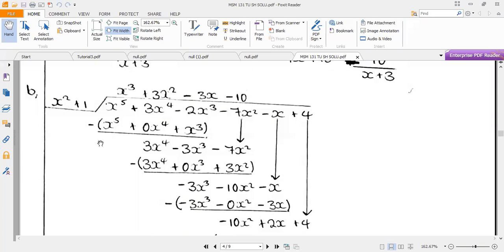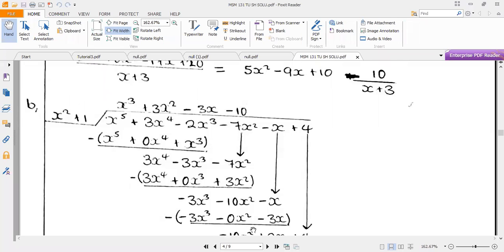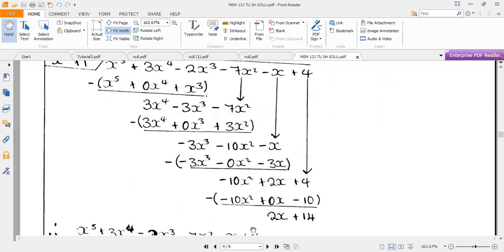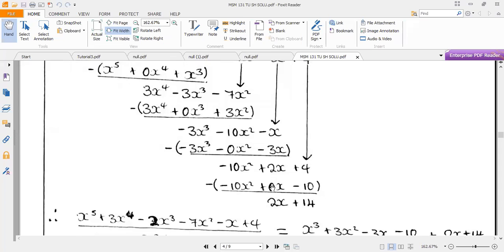And negative 10 times x squared will be negative 10x squared. Then negative 10 times 1 will be negative 10. Then we don't have the x value, so we introduce a 0x. If we subtract this, it is 0. Subtract this will give you 2x.